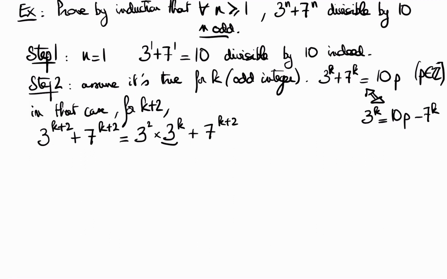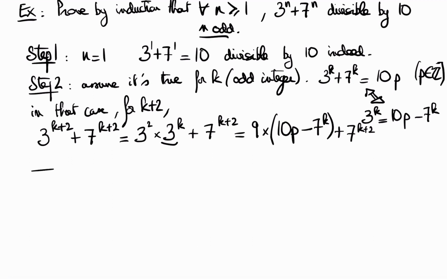Now, we use our assumption to replace this, so it becomes 9, because 3 power of 2 is equal to 9, times, and then 10p minus 7 power of k plus 7 power of k plus 2.